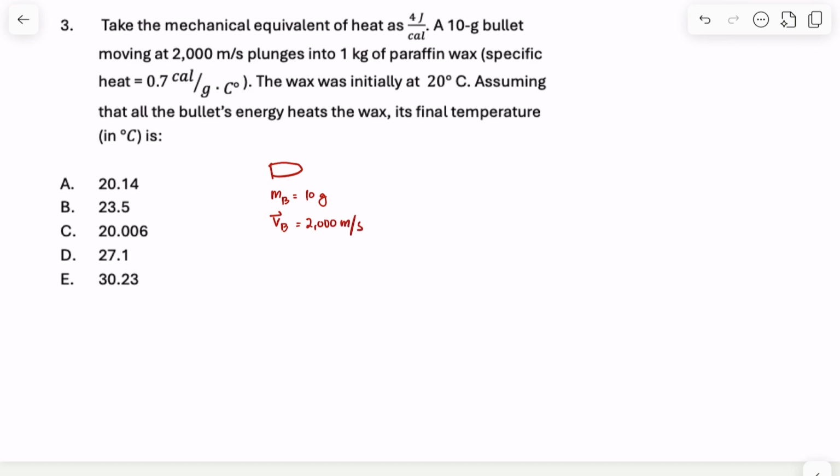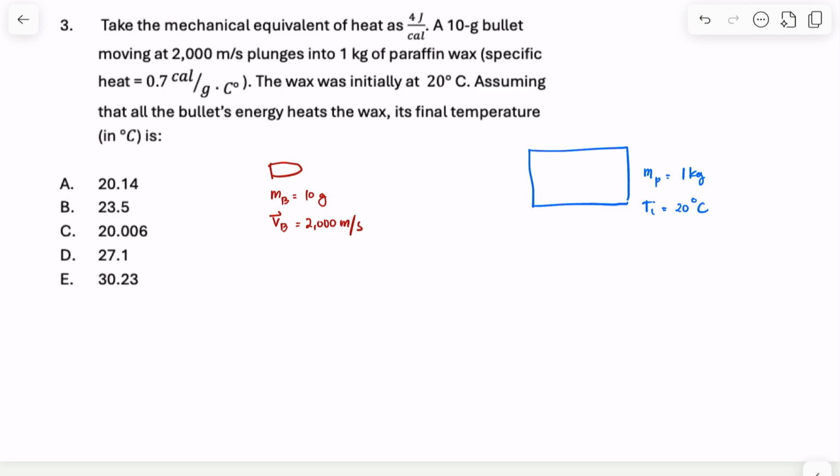And then it's mentioned here it plunges into paraffin wax that has a mass of 1 kilogram, and initially it has a temperature of 20 degrees Celsius. Now, according to the problem, you assume that all the bullet's energy heats the wax, and what will be the final temperature of the paraffin?